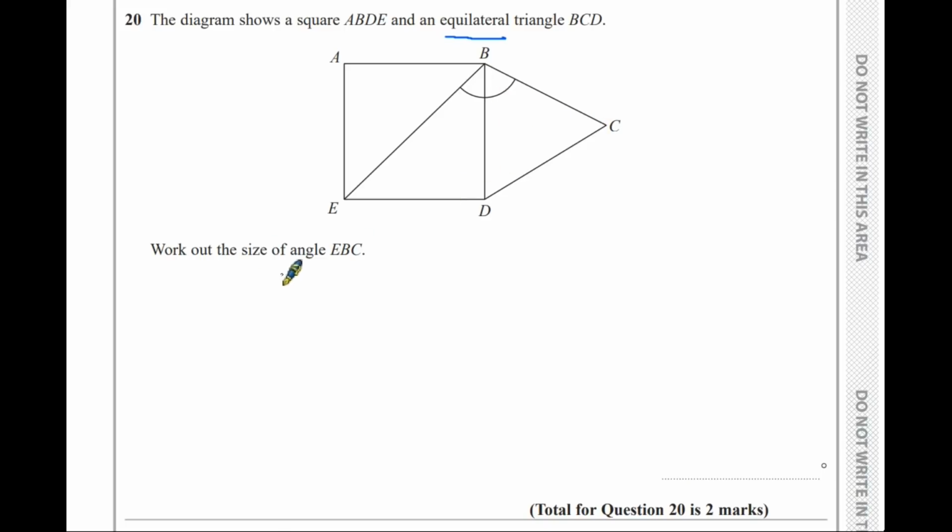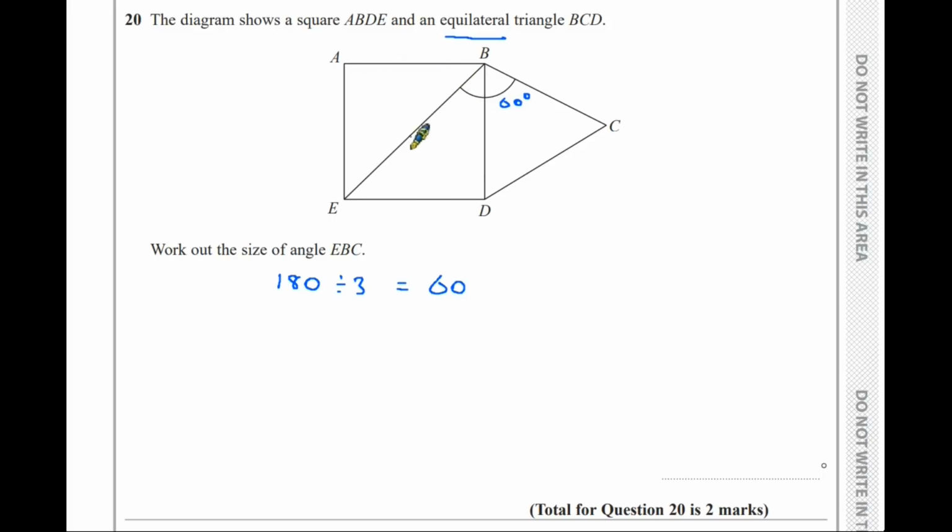The angles inside the triangle add up to 180. So if we divide that by 3, we get the angle 60 degrees. So that's the first part of our answer. The next part is to look at angle EBD. Well, this is a square, so we know the corners of a square are all a right angle.